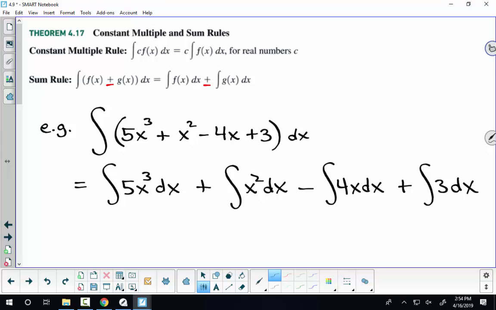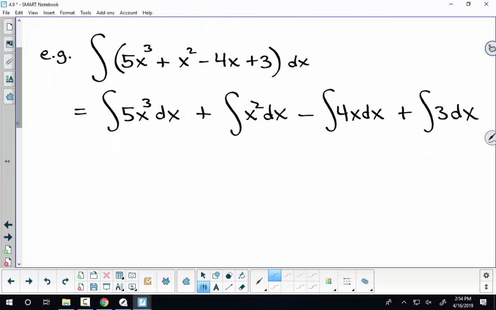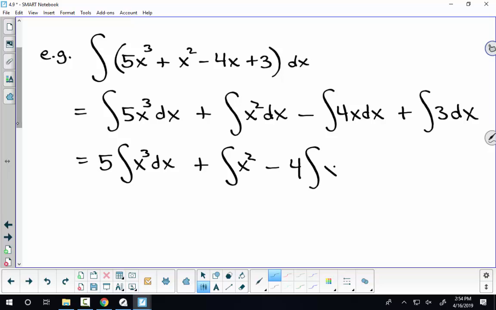So our antiderivative dx part is distributed across the sum and difference. Then for a few of these, we have a constant multiple rule that can be applied. So this 5 can come out and multiply the antiderivative of x cubed. The 4 can come out, multiply the antiderivative of x dx.